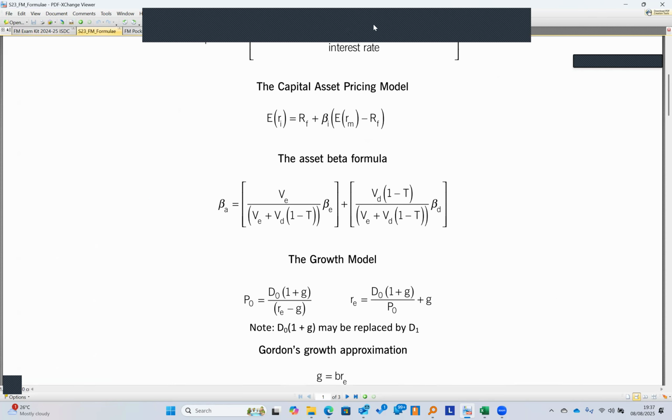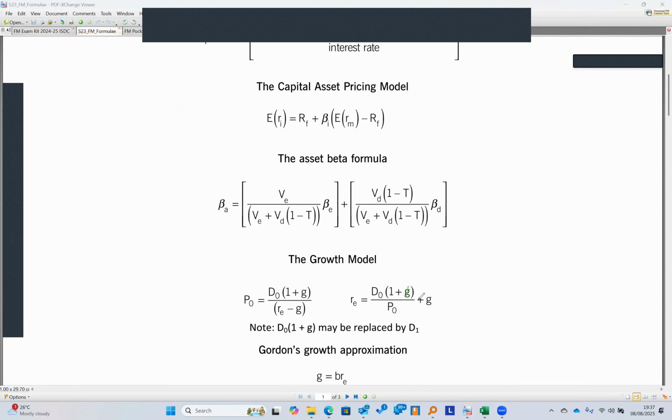But because we don't have growth, that part goes, and we just divide the dividend, or in this case the interest, because this one works for both interest and dividend. So for value of debt, we are using this one.